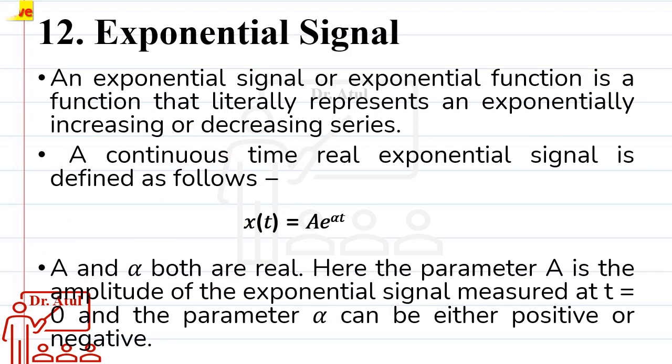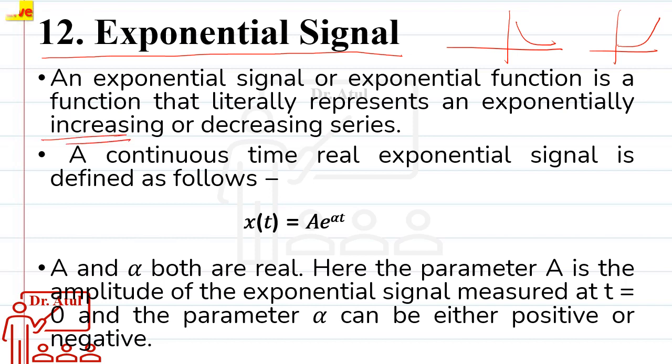Next one is exponential signal. Exponential means exponentially increasing or exponentially decreasing. So a function that represents either an increasing or decreasing series. A continuous time exponential signal is defined as e to the power alpha t.